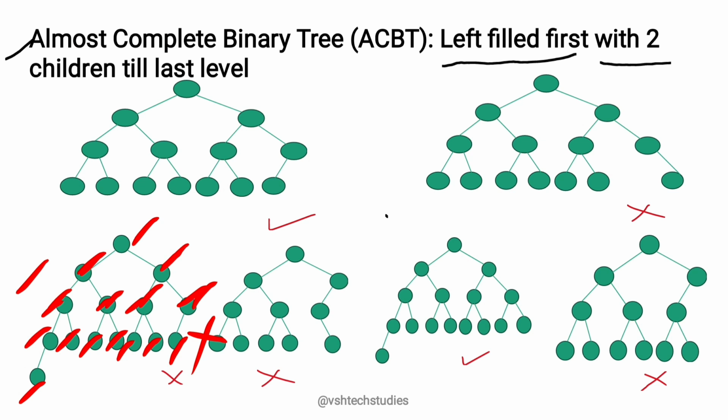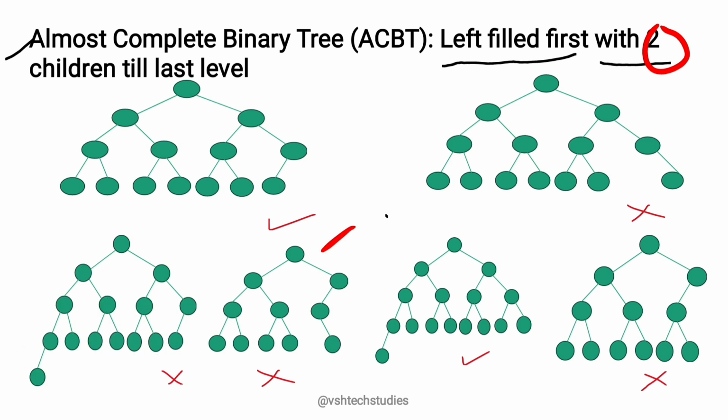In the previous level till there, the node should have 2 children. That is the meaning of 2 children till last level. Till last level, 2 children, only then should it fill the next level, and in filling, left first. So that is the rule. Hence this is not an almost complete binary tree.